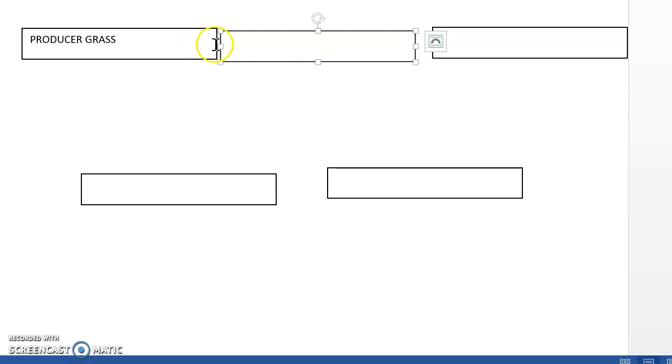So grass is our primary producer. Then what eats grass? Let's go with your primary consumer. Is deer.